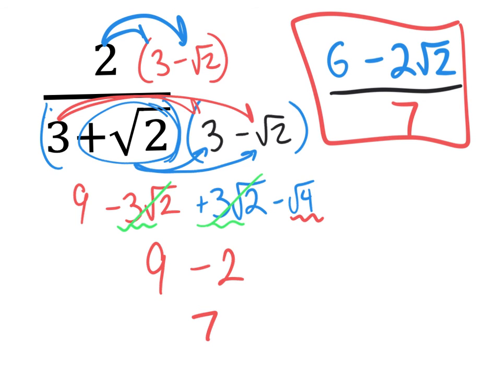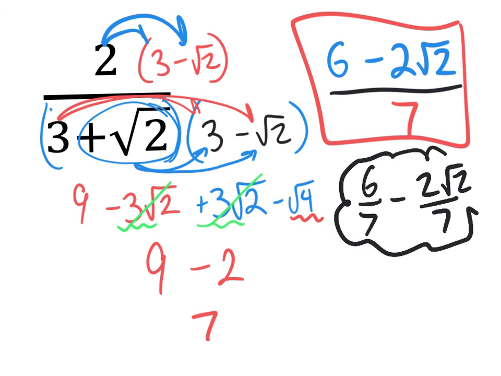That's my answer. Now, if you're taking a multiple choice test and you get this answer and you don't see it there, they might split the denominator to both terms. So they might write it like this, 6/7 minus 2 square root of 2 over 7. They might write it like this. But I wouldn't actually split it unless I actually could continue simplifying.